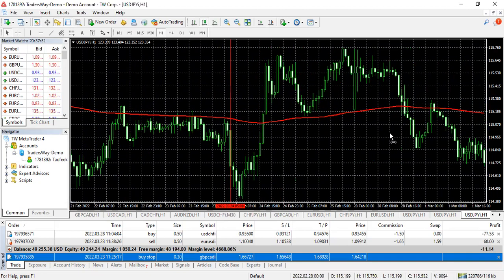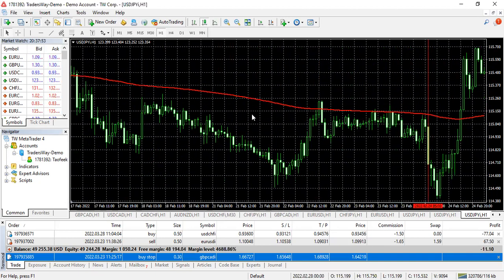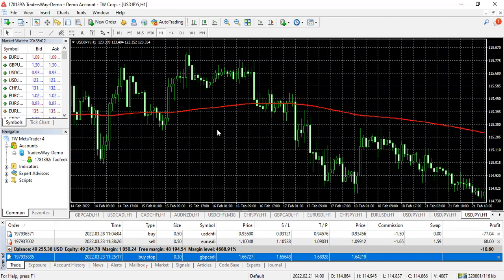This indicator will tell you when there is trend in the market. It is a trend following indicator. So it will actually tell you we have downtrend, and this market is uptrend. It will help you to differentiate between uptrend and downtrend.